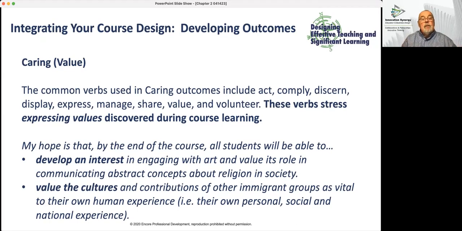These are actually people who have taken our course. These are people who have created real outcomes as a result of this. How can they value the cultures and contributions of other immigrant groups?